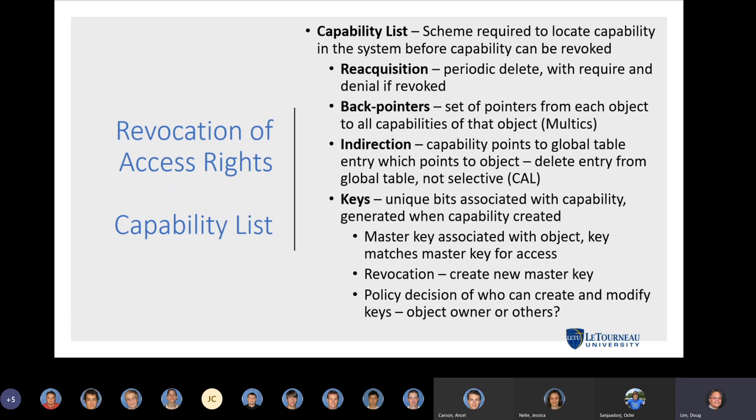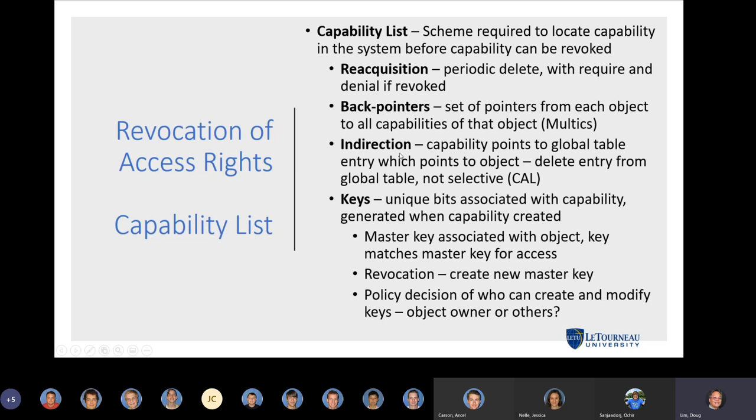Capability lists, so actually this is the slide I was talking about. The capability list scheme requires locating the capability in the system before the capability can be revoked. There's reacquisition, with periodic deletes, which requires reacquisition of the right, and if you don't get the right back, it's denied.